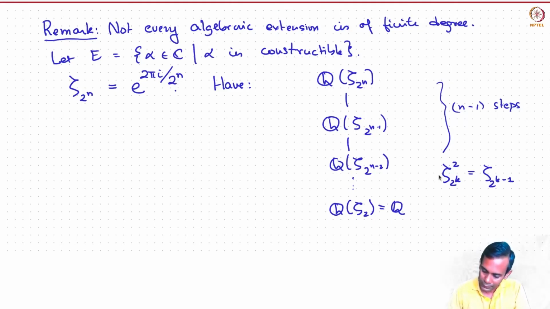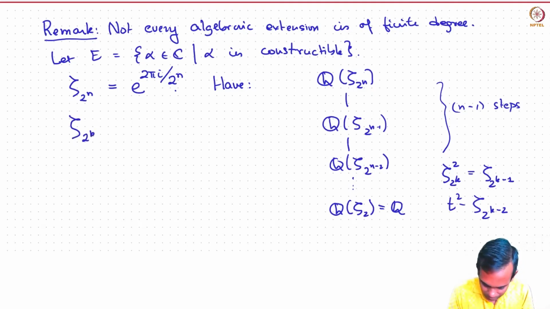And so this element satisfies the polynomial t squared minus zeta_{2^{k-1}}. So what we're saying is that zeta_{2^k} satisfies t squared minus zeta_{2^{k-1}} for each k.